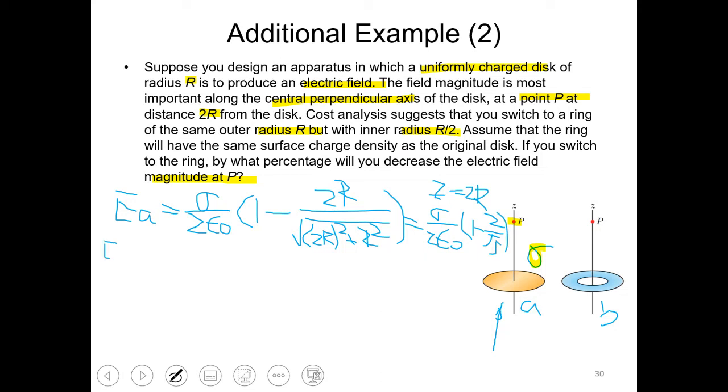And for part B, switch to the ring. You will decrease.